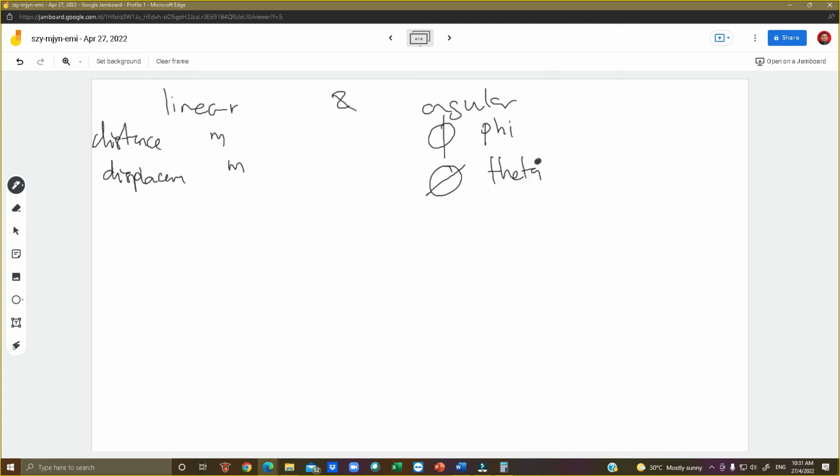Okay, but in most of the cases, people will actually take this and translate that to angle. Jadi kalau kamu nak guna theta saja pun saya tak ada isu lah. People always use theta as angle. So when you see theta, this is the derivation of angle.